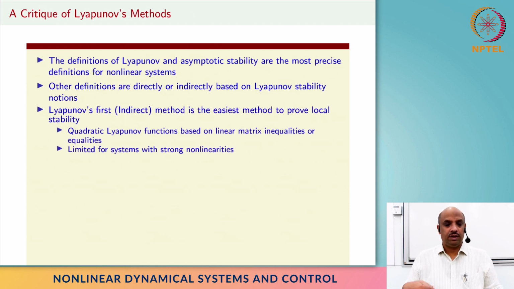So then how do we check for that stability? We started with Lyapunov's direct or second method, and then we went to the indirect method. But the indirect method is quite easy, where we simply linearize the system, this f of x, and find the so-called P matrix that we have seen, and that P matrix will provide x transpose Px, the Lyapunov function.